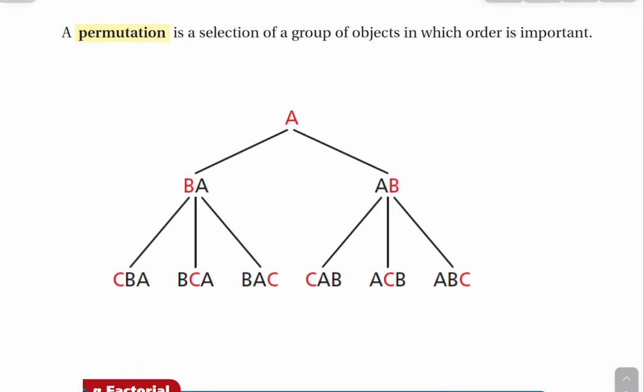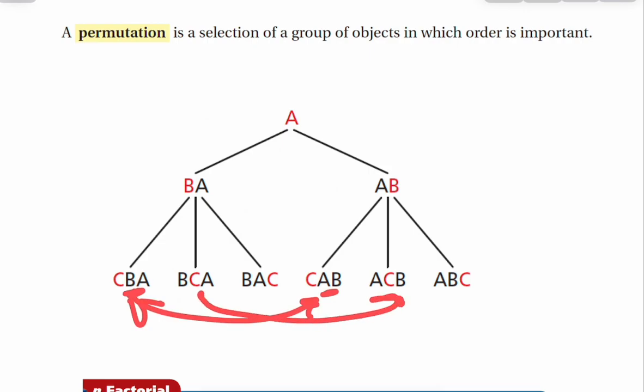So a permutation, when the order is important, do you see here how there are different combinations? This one, C came in first, B came in second, A came in third. And then here, C came in first, A came in second, B came in third. But look where A and B, see how the A and B switched around here?